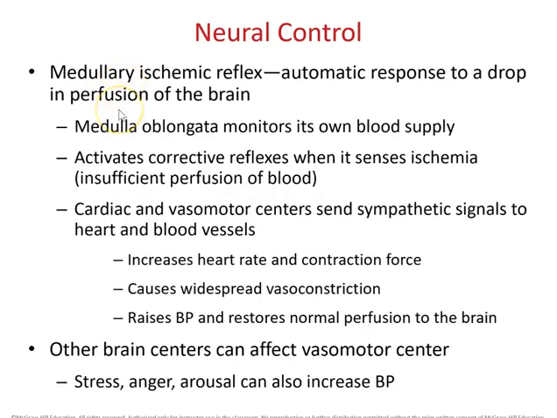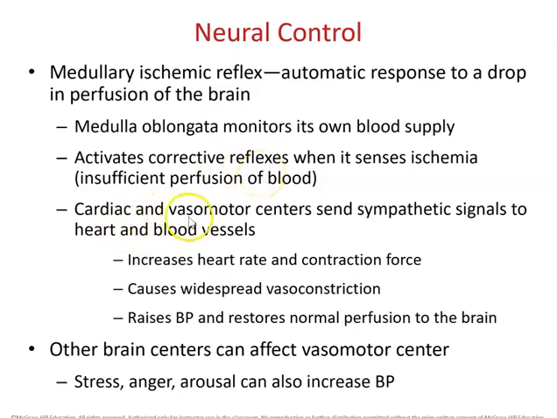The third type of neurocontrol is called the medullary ischemic reflex. It is an automatic response to a drop in perfusion of the brain. This type of regulation is mainly handled by the medulla oblongata. When ischemia is sensed, the reflex is activated.